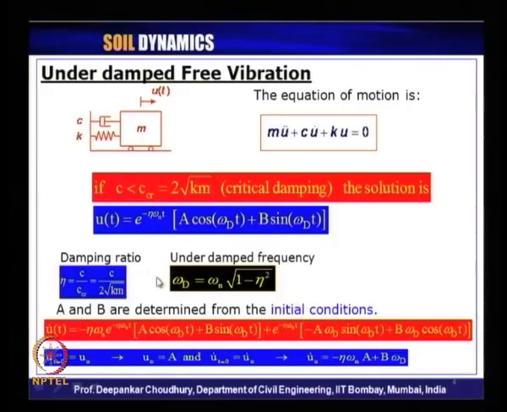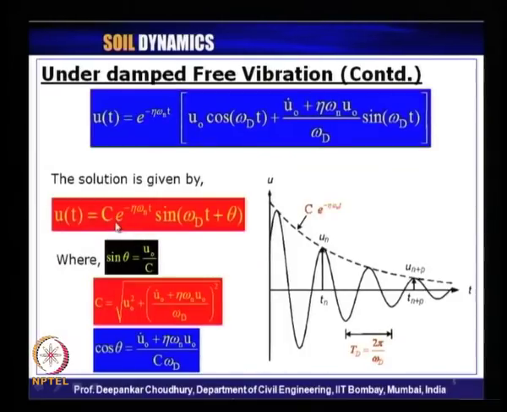The solution is of this form and the underdamped frequency is defined like this, and the displacement function. After differentiating to get the velocity function, then using the initial conditions, we get the combined solution in this form, which can vary like this. We have seen how the envelope varies. This is the exponential decay and the harmonic function.